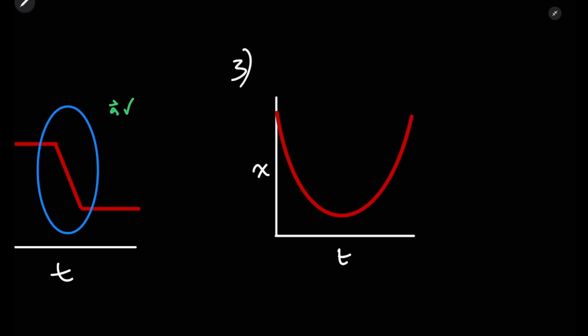The parabolic shape means that there's a change in position, yes, but that position is also changing how quickly it changes position as well, which means that it's changing how quickly it changes its velocity as well.